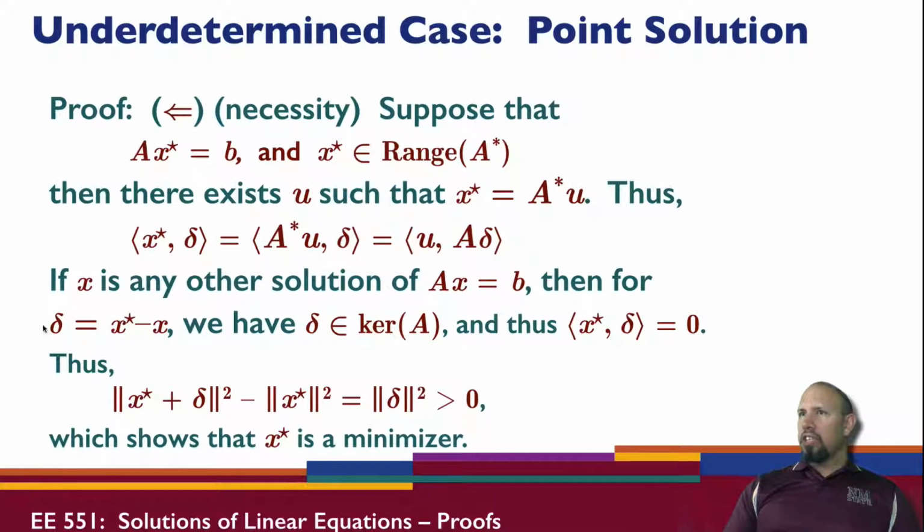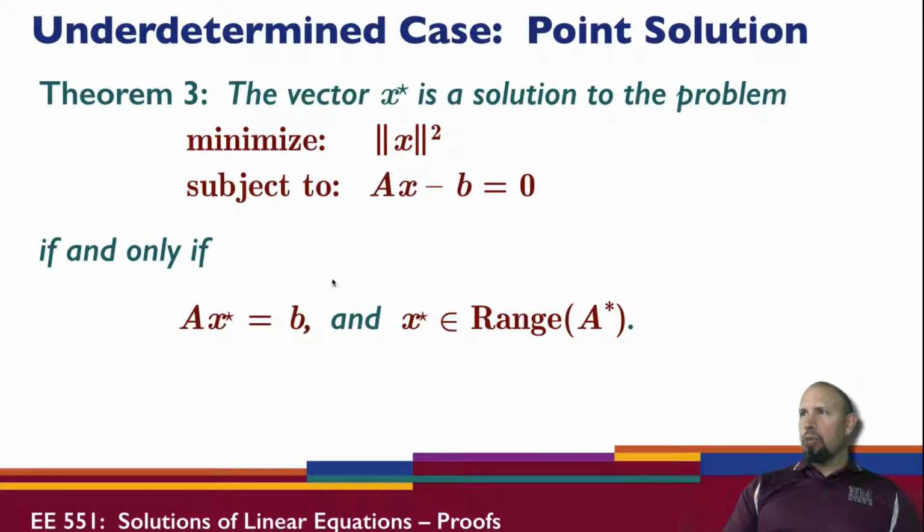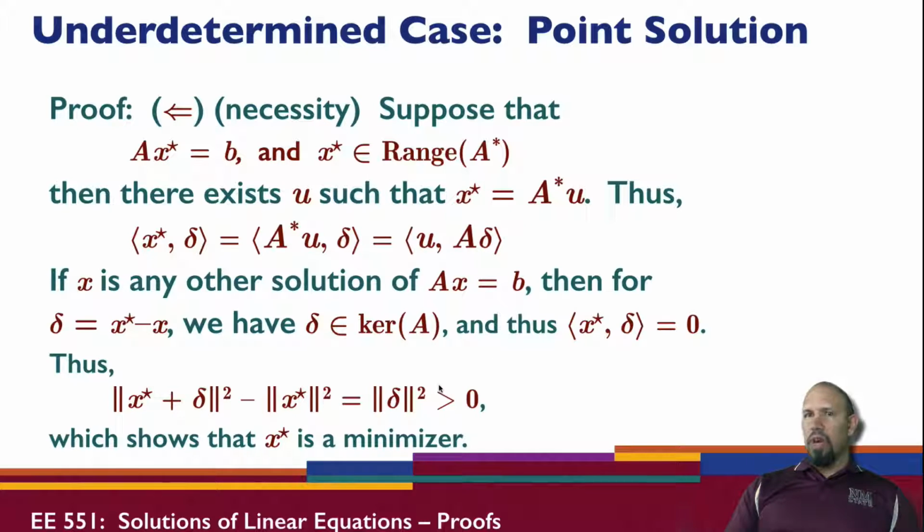So if x is any other solution, which means x is not equal to x star, which means delta is not 0, that means the norm of delta is positive. So this shows that x star is a minimizer, because remember, our problem says we're minimizing the norm of x. So we have proven the necessity.